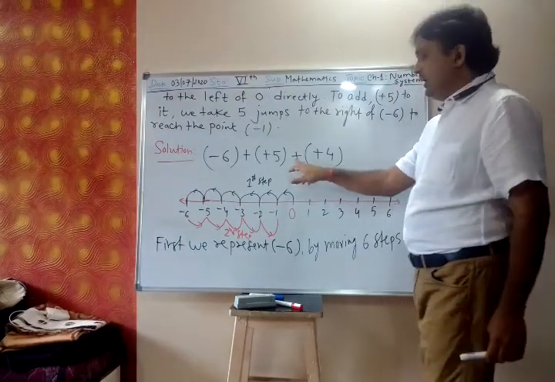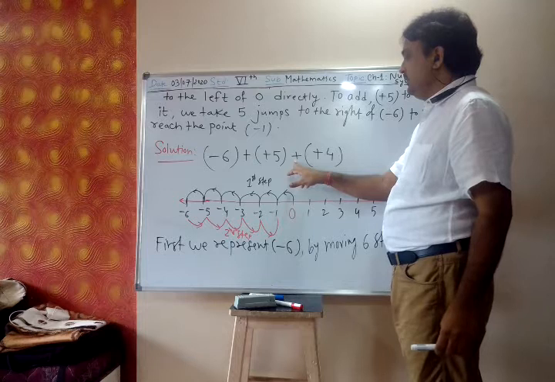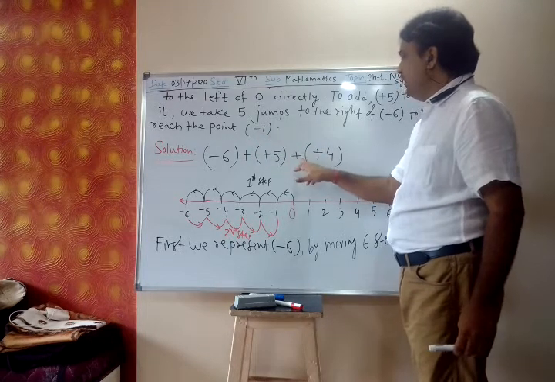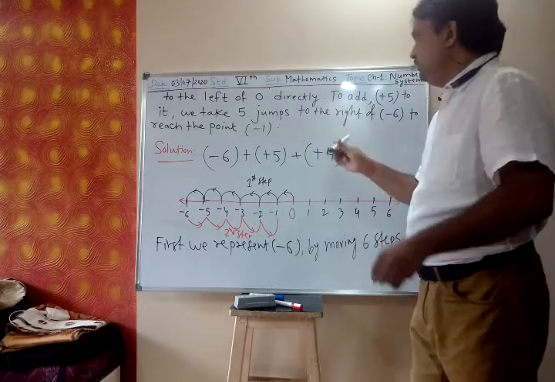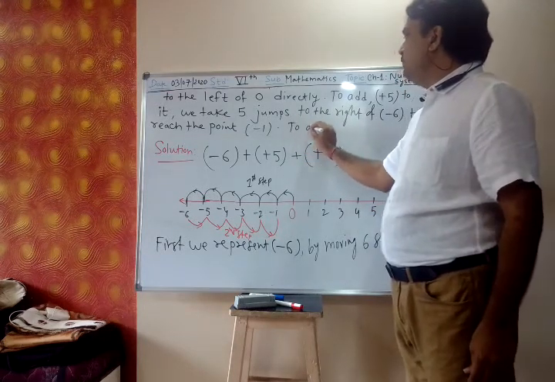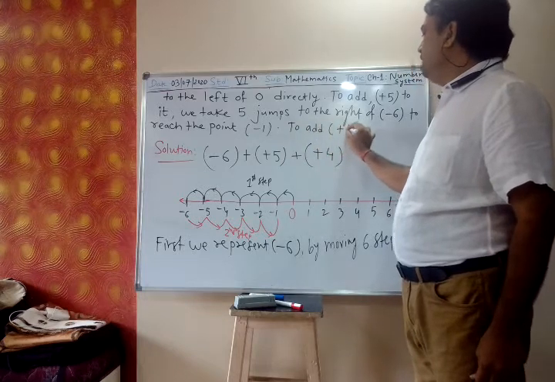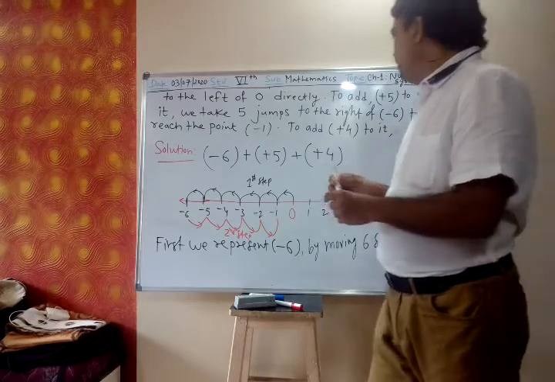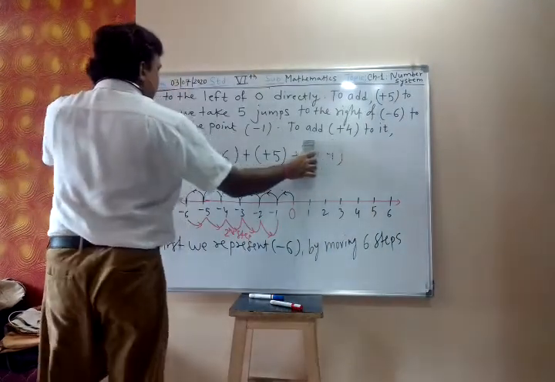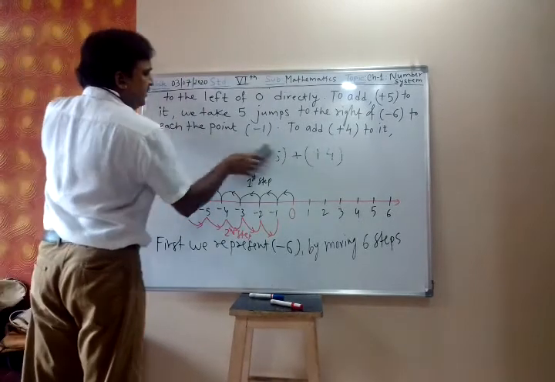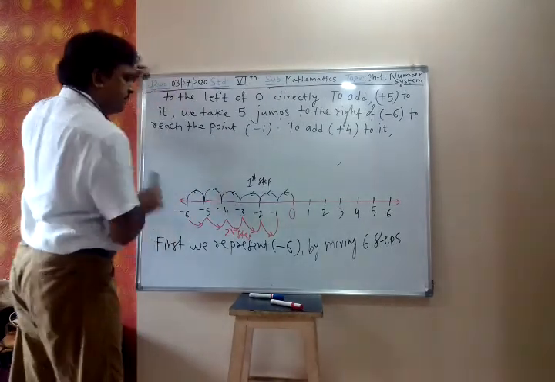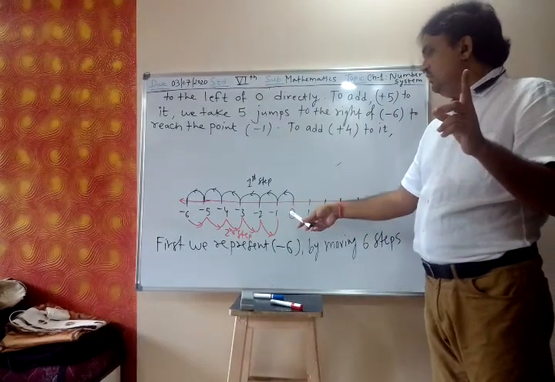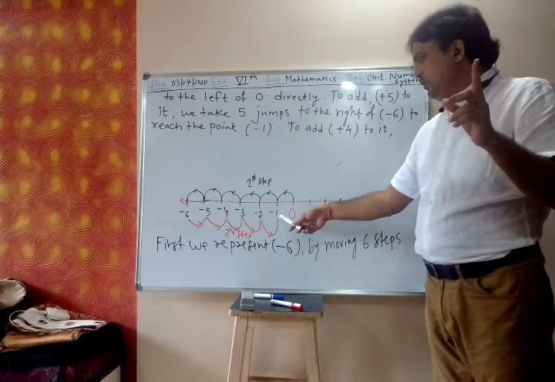Now again we have plus. Plus means add. Again to this minus 1, I have to add plus 4. So to add plus 4 to minus 1, what will you do? Tell me.